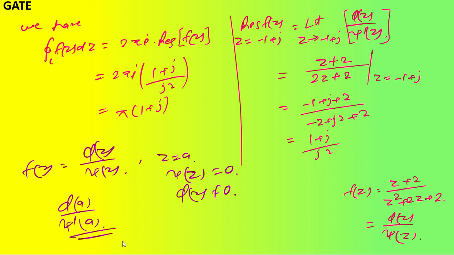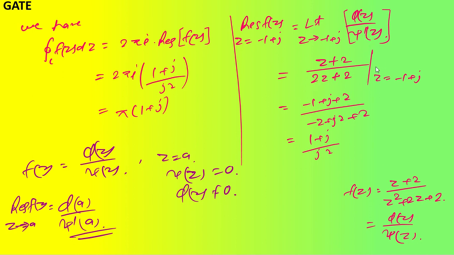So my residue of f of z at z equal to a becomes phi of a by psi dash of a. So what I did: limit z tends to minus 1 plus j, phi of z by psi dash of z. Phi of z was z plus 2. You can see this was the function, z plus 2, and then psi dash of z will be 2z plus 2.